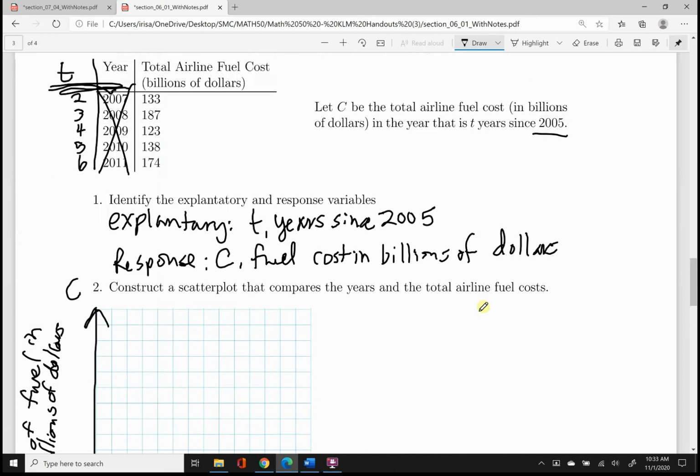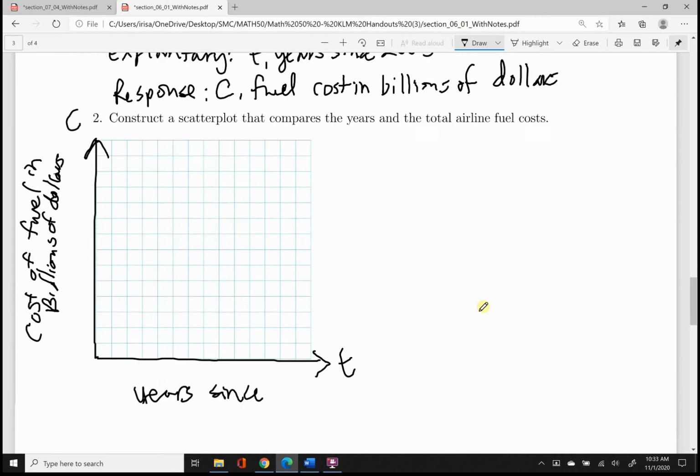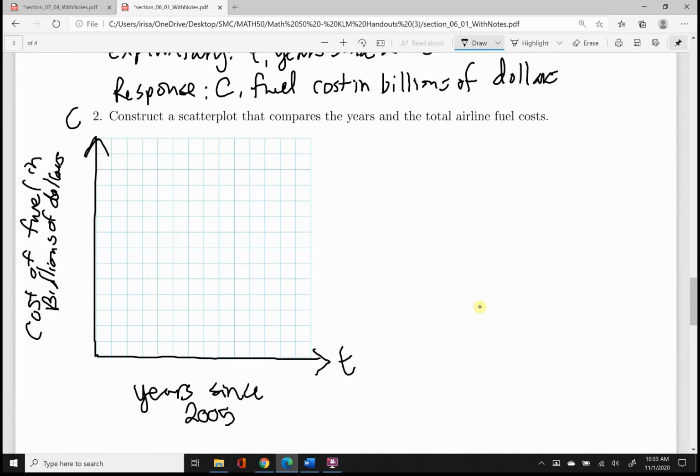And what number did we go up to for that? 2 to 6. So here's 2, 3, 4, 5, 6. No issues plotting all those there.